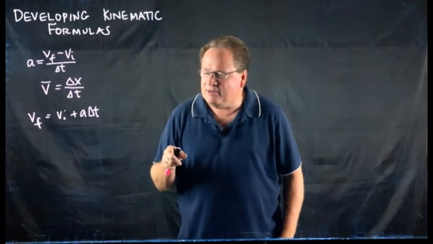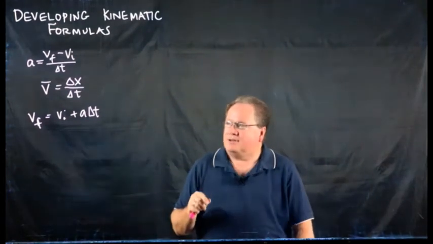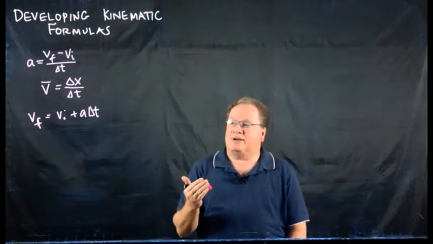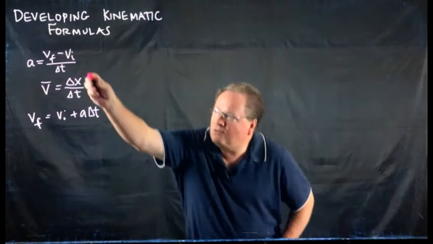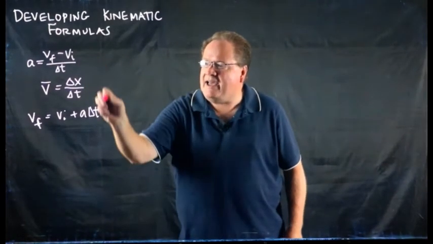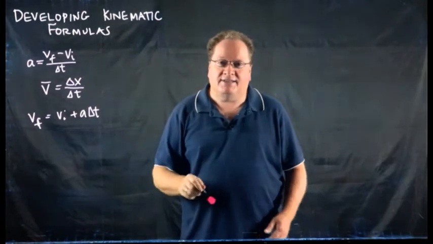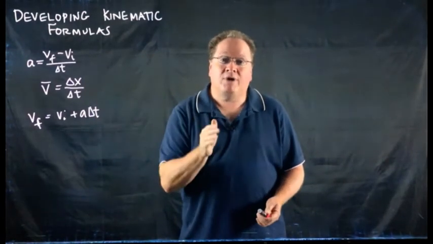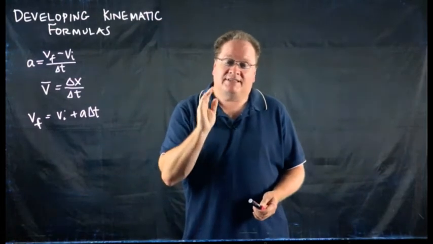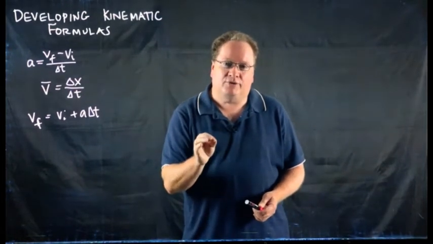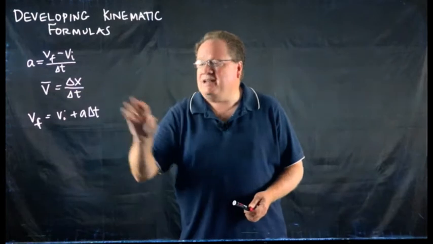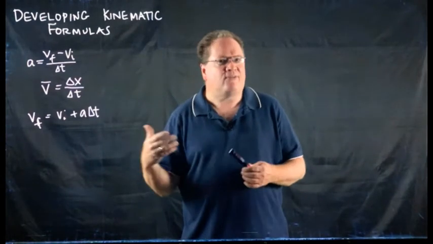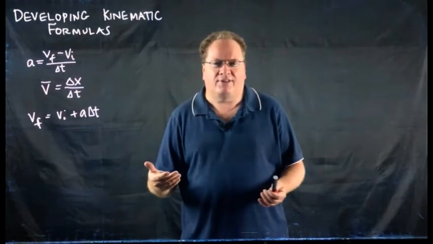So if I think about the 5 variables for accelerated motion, what do these two not have that formula does have? Well, if I look at them, it's delta x. We need a formula that's going to handle accelerated motion and include delta x. So it'll tell us how far we might move if we're accelerating.